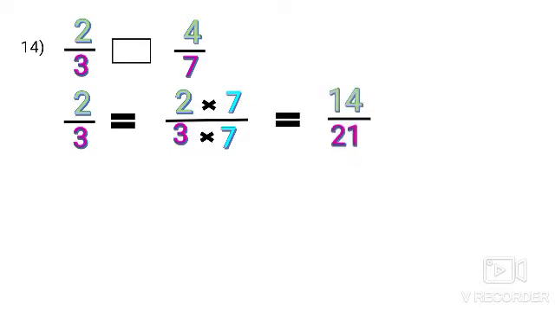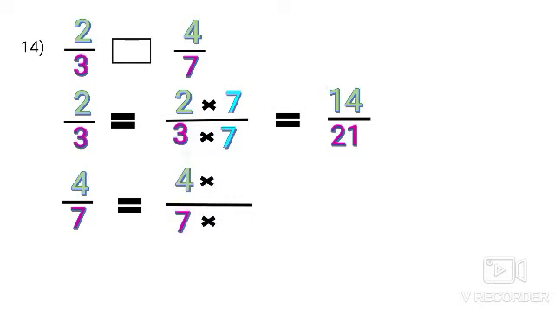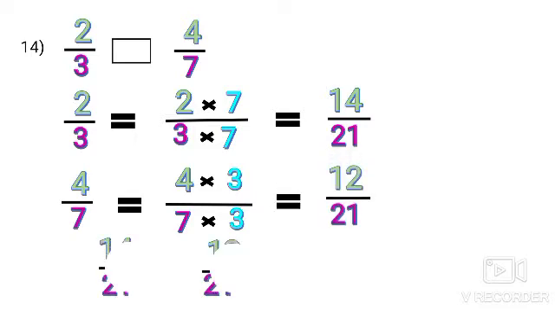So 14 upon 21. See here, now 7 is multiplied by 3 to get the answer. I hope you understand this. Again, these are two sums for homework for you, student.